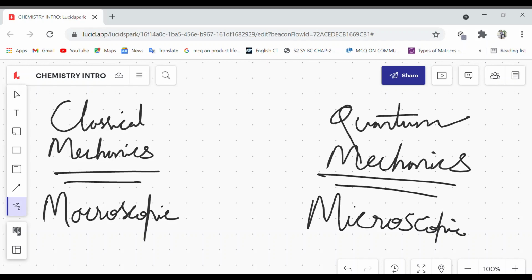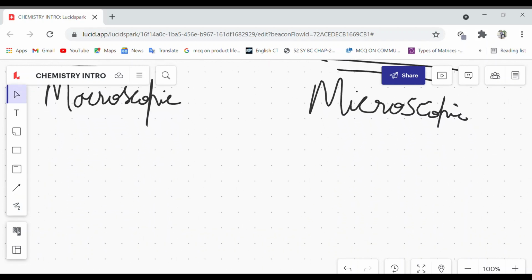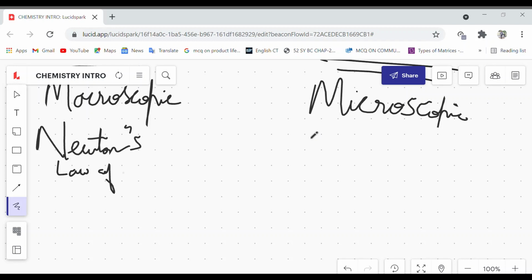Then classical mechanics is based upon Newton's law of motion. This is based on Heisenberg's uncertainty principle.